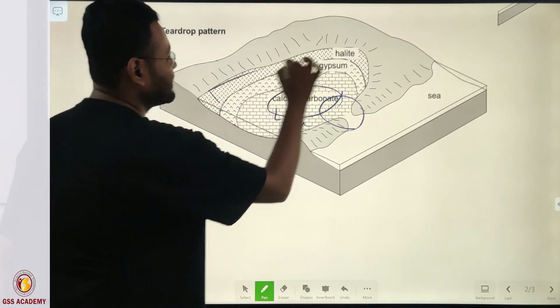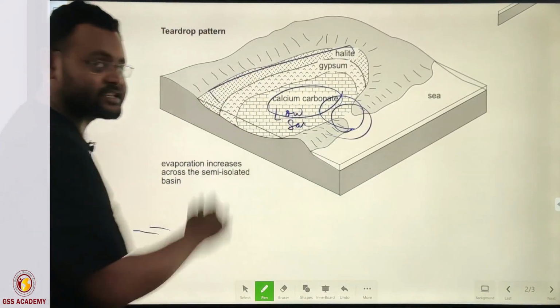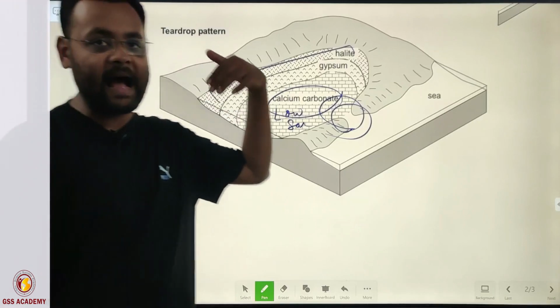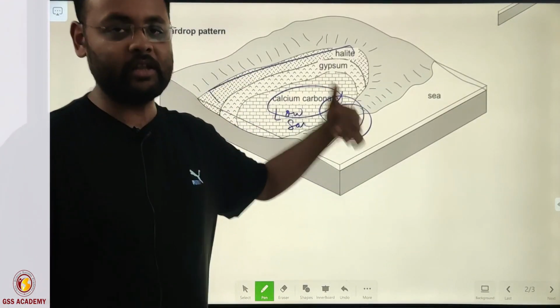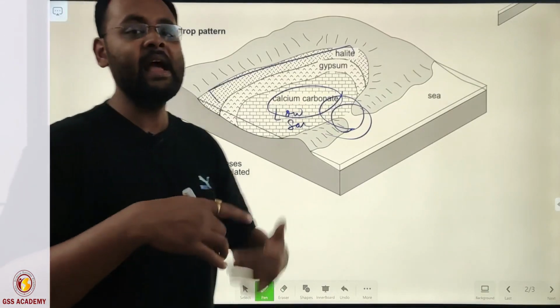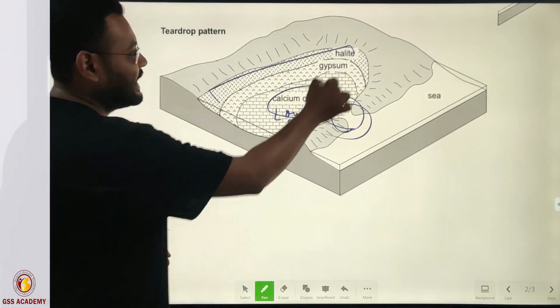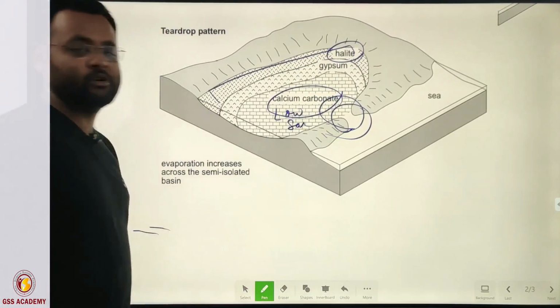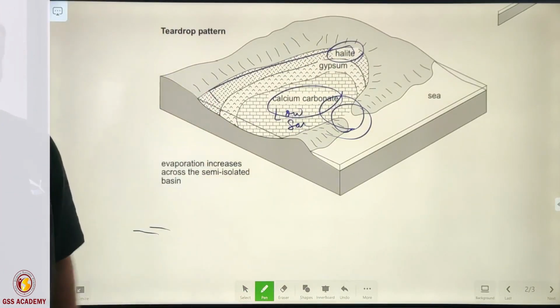But at the margin far from this connection point, we have a very high salinity value due to the very high magnitude of evaporation, and there will be deposition of halite.